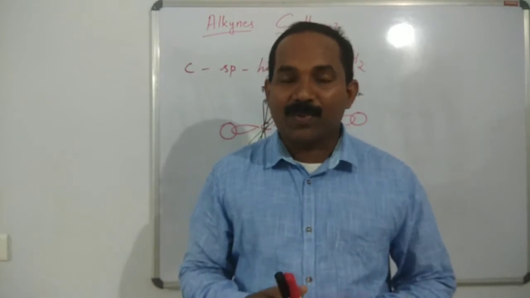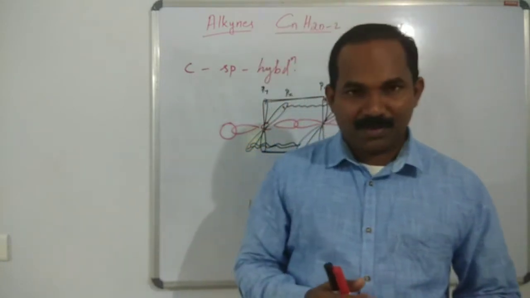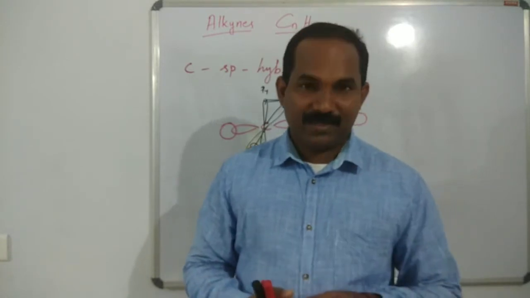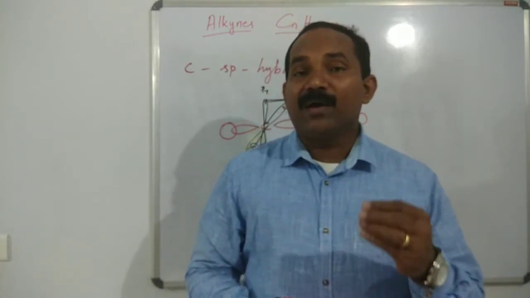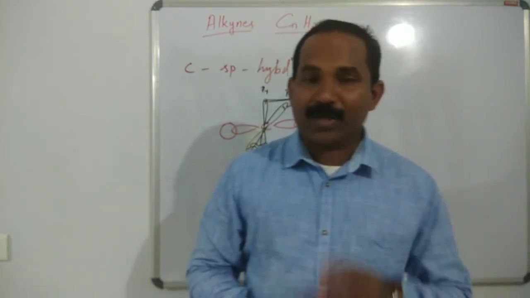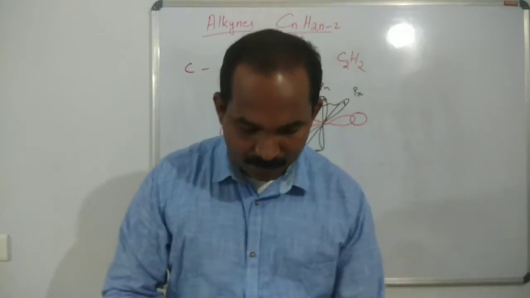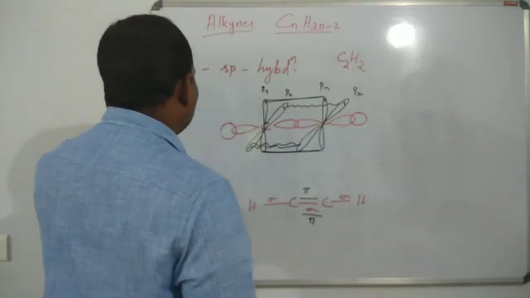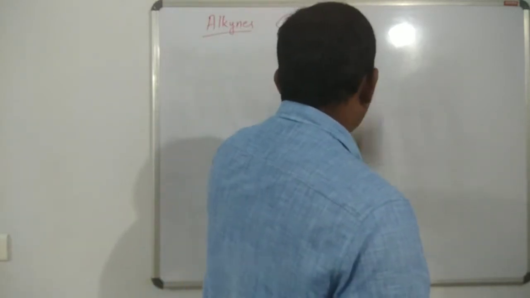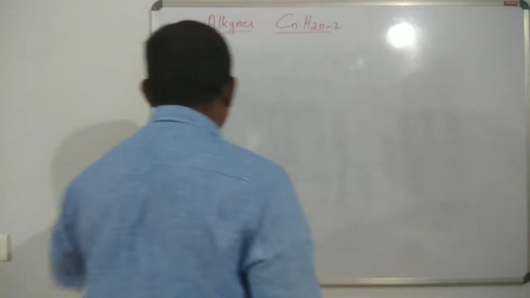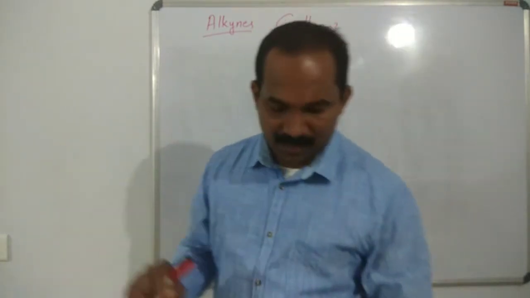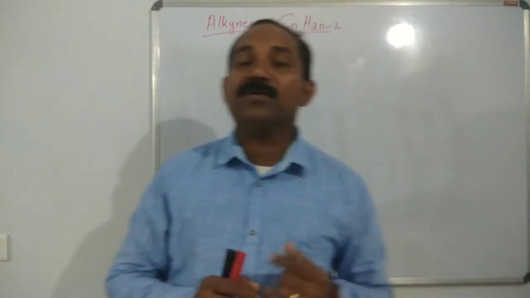Next we discuss the preparation of alkynes. Only a few methods to prepare the alkynes. First of all, we prepare from calcium carbide. You remember that it is a linear structure, one sigma bond and two pi bonds between the carbon atoms, and the other CH sigma bond.